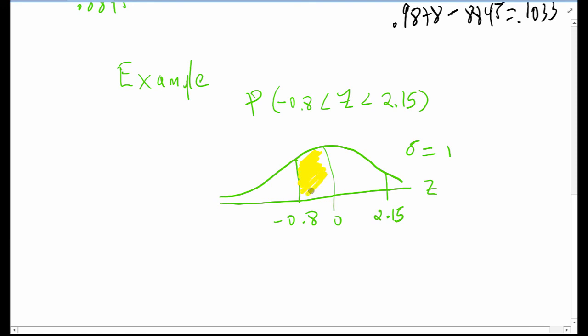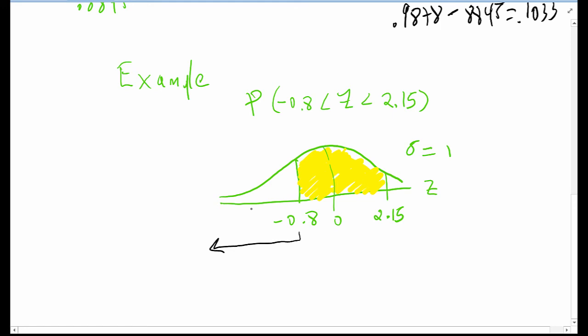Just to highlight, we want this area right here. So the question is how we find that area. We just need to think about what the tables do. If we read the negative table at negative 0.8, that will give us the percentage of values below negative 0.8, which is this tail right here.